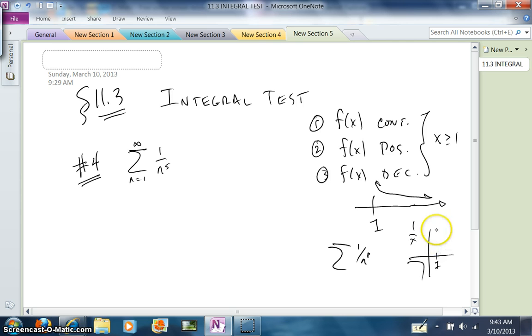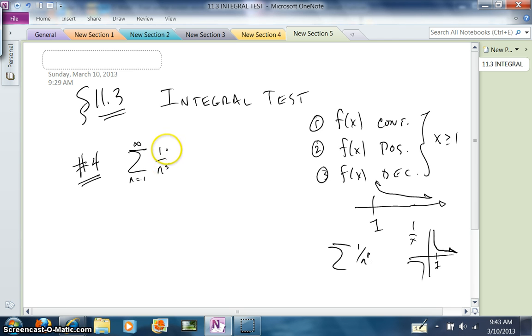Like that, and all the others: 1 over x squared do, 1 over x cubed, 1 over x to the 4th, 1 over root x, 1 over x to the 3 halves. All of these p-type functions fit that description.